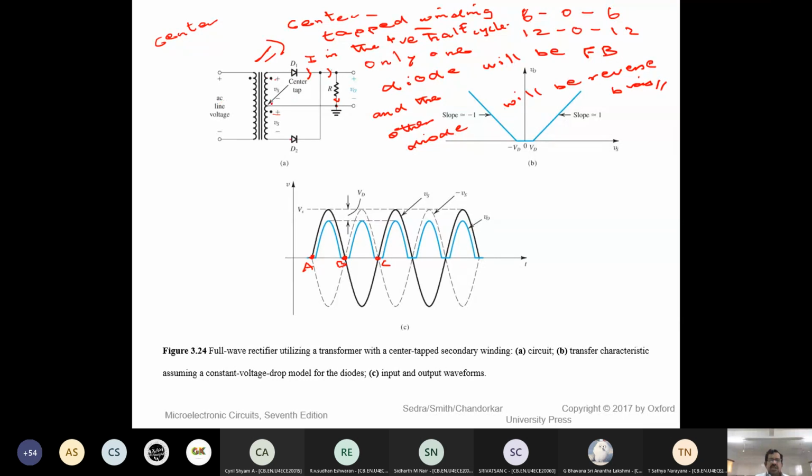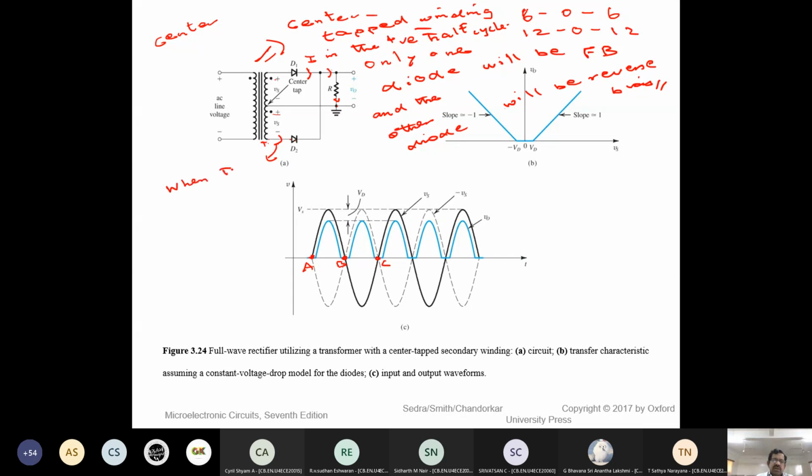When the input alternates, alterations will also happen at the secondary, and now in the second half, the negative half, this terminal will become positive. When this terminal becomes positive, this diode D2 will be on.